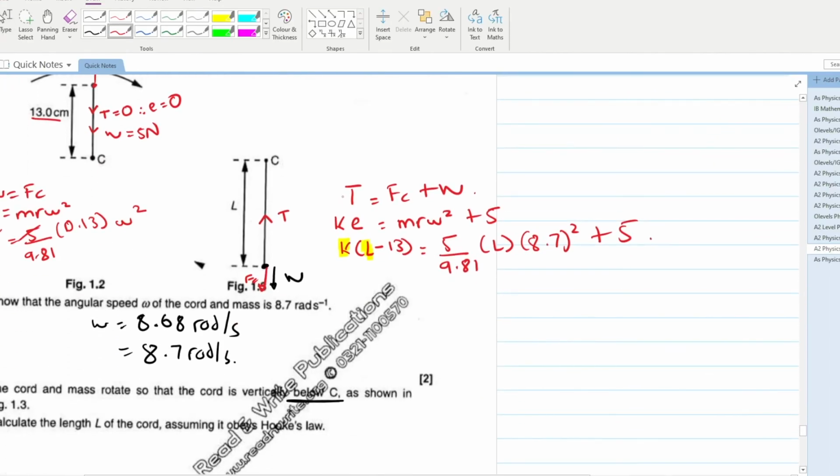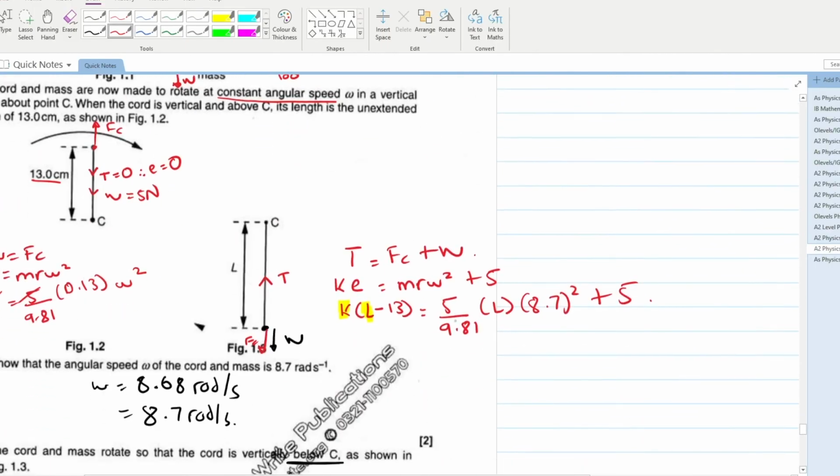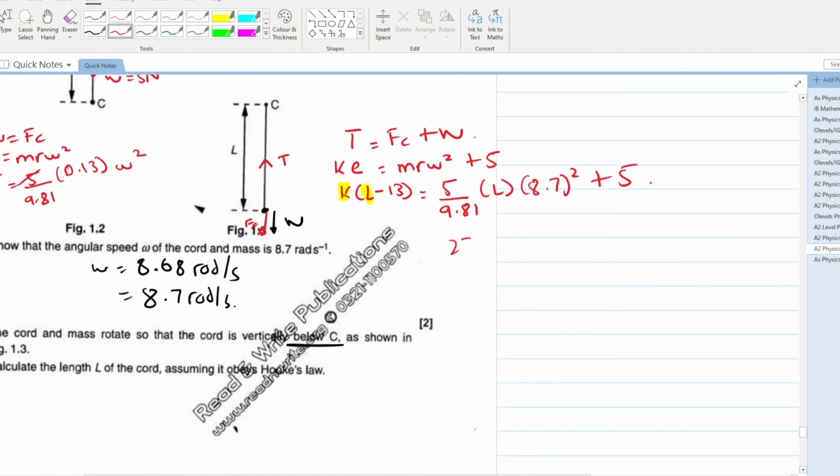अब यहां पे क्या करेंगे बेटा? K पुट करो. K की वैल्यू इज व्हाट? 277.7. L माइनस 13. एक्सटेंशन भी मुझे मीटर्स में करनी पड़ेगी. अब L माइनस 13 लिखूंगा और डिवाइडेड बाय 100 करूंगा टू कन्वर्ट इट इनटू मीटर्स. L माइनस 13 डिवाइडेड बाय 100 इज इक्वल्स टू 5 अपॉन 9.81. रेडियस को भी मीटर्स में करना पड़ेगा.